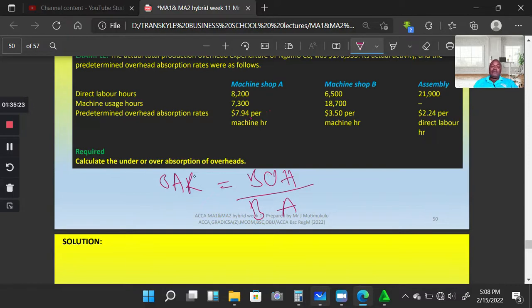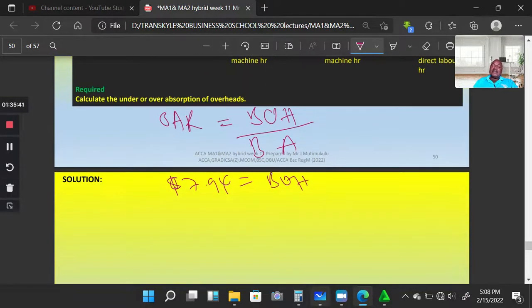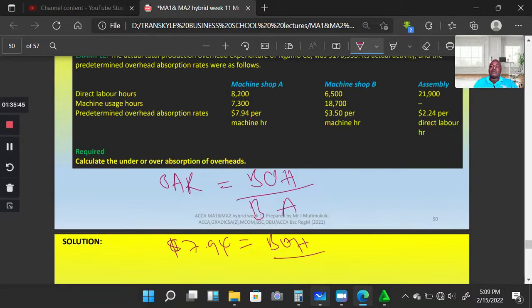For machine shop A, the overhead absorption rate was $7.94, which was equal to budgeted overhead, which is not given, divided by budgeted activity. And what was the budgeted activity?